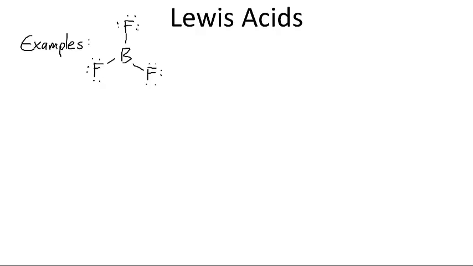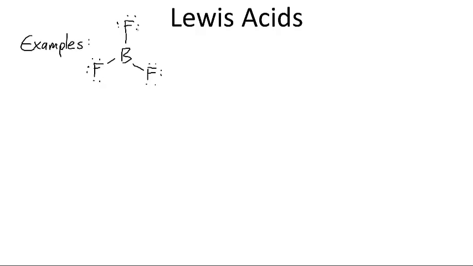Any idea why? Well, let's take a look back at our definition. Our definition of Lewis acid was an electron pair acceptor. Why would BF3 make a great electron pair acceptor? Benny? All right, fluoride's highly electronegative, so the fluorines are like, hungry for electrons.